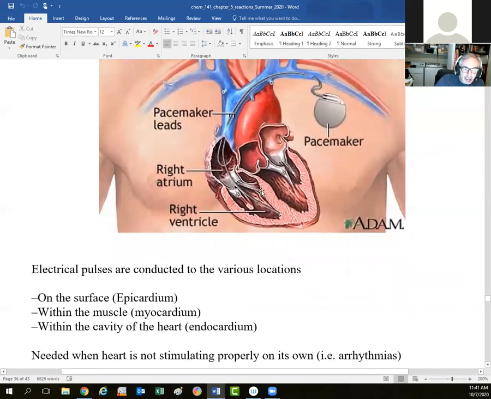And slightly wrong position, of course. But basically, the electrons travel across the surface of the heart, which is sometimes referred to as the epicardium. Also within the heart muscle itself, the tissue, the myocardium, then inside the heart cavity itself, the endocardium as well.